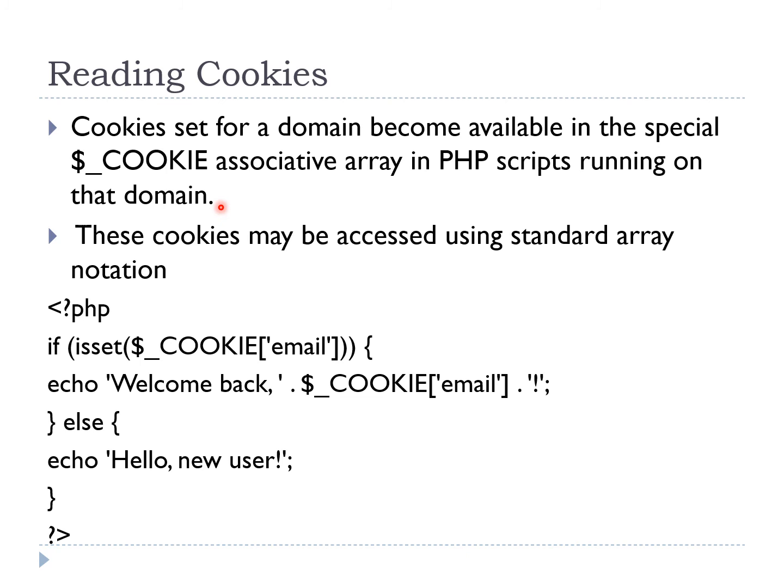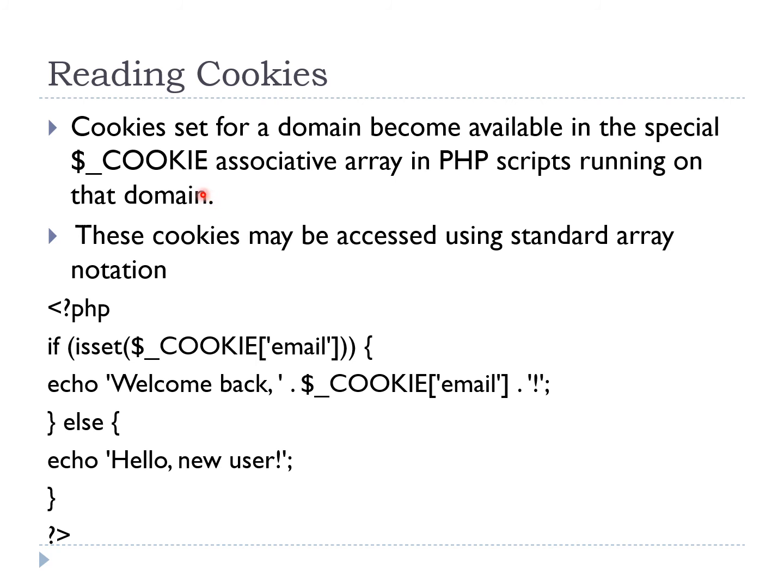If you want to access the session data, we have a variable called $_SESSION, that is a superglobal PHP variable. Here for cookies also we have a variable called $_COOKIE.